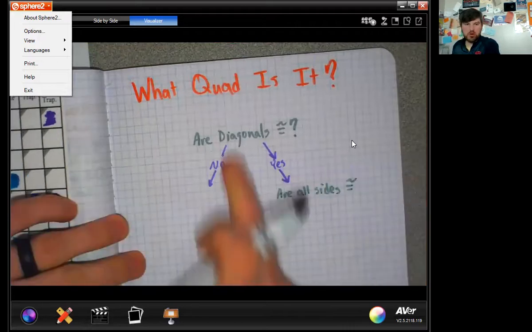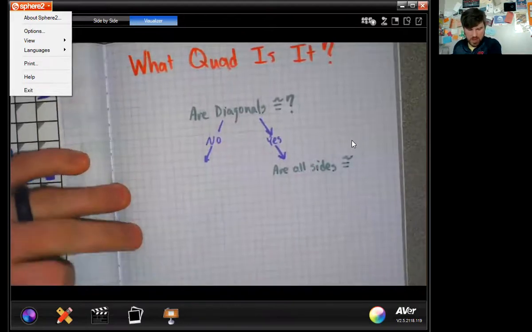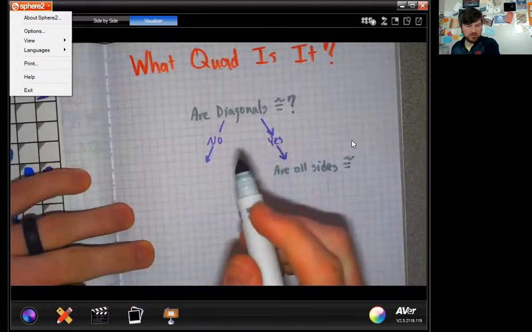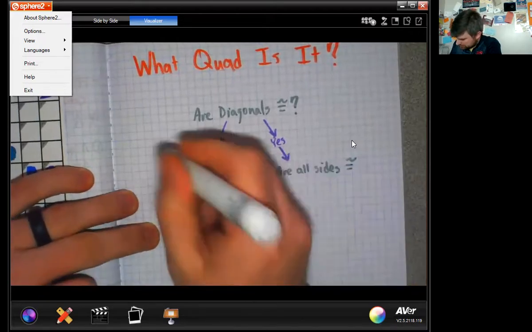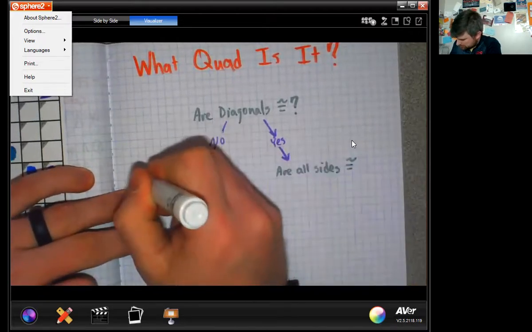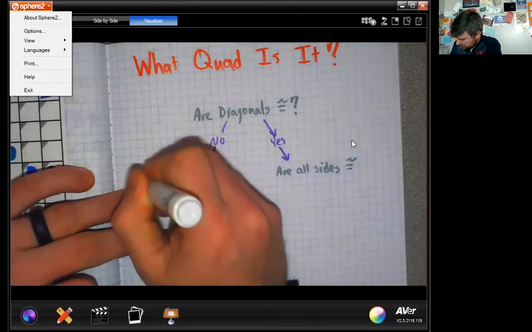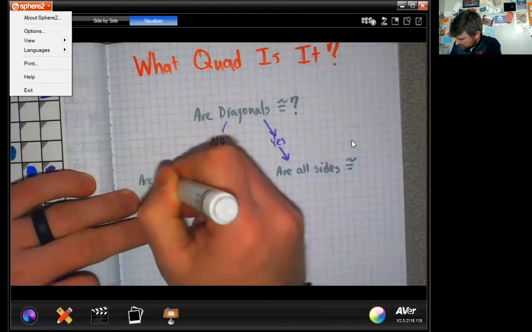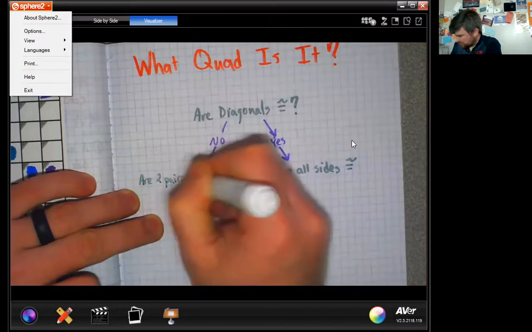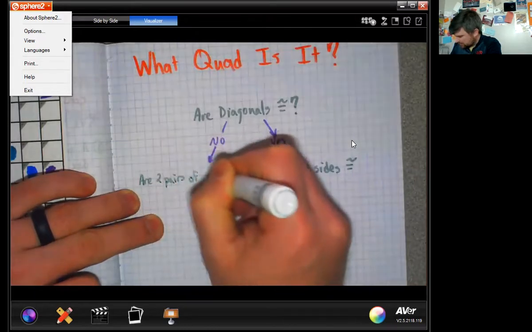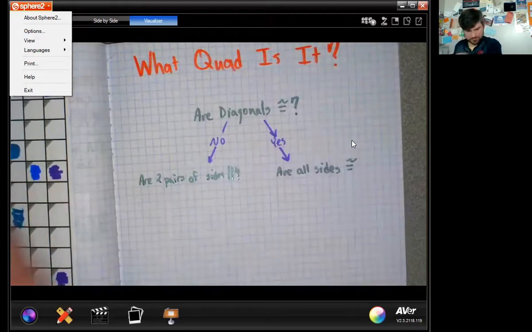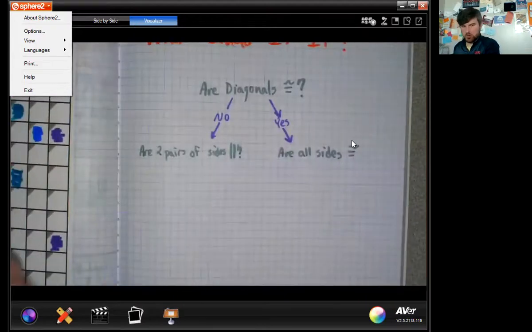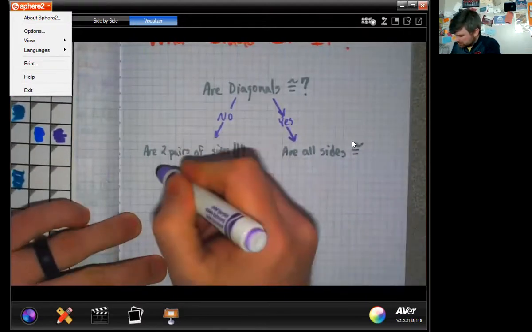If you answer no to the diagonals being congruent, I'm going to ask you if you have 2 pairs of parallel sides. So are 2 pairs of sides parallel? Okay, so then from those questions, you could answer yes or no.